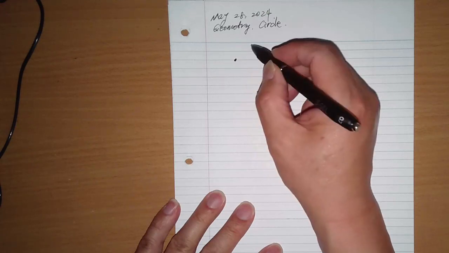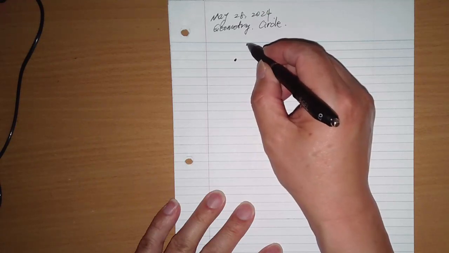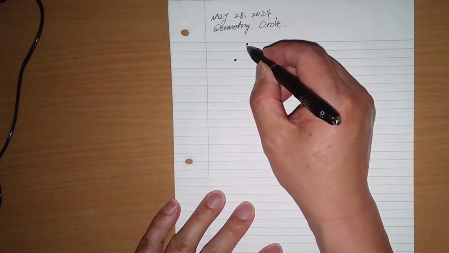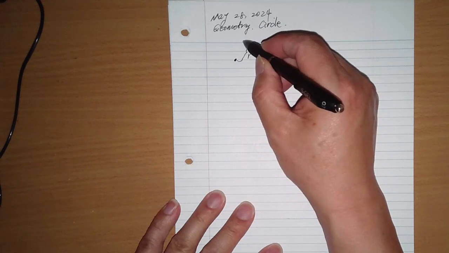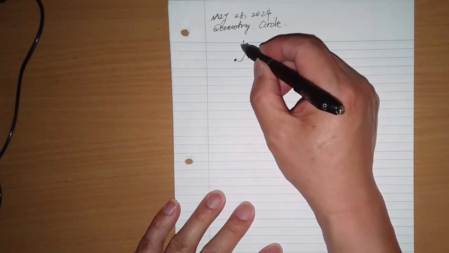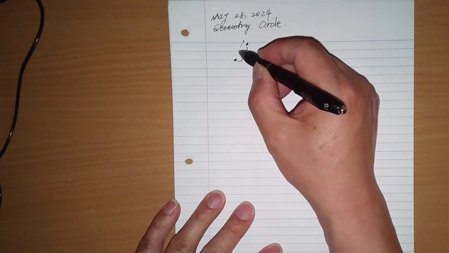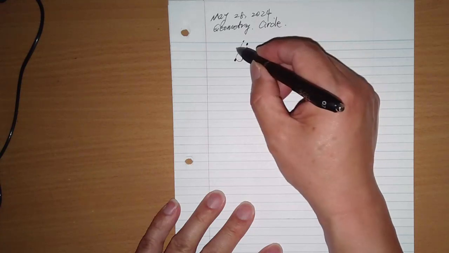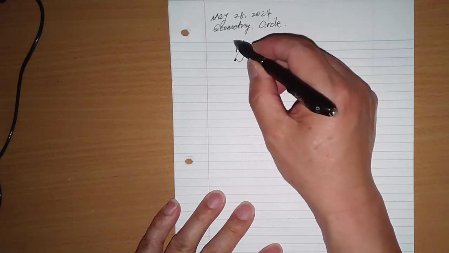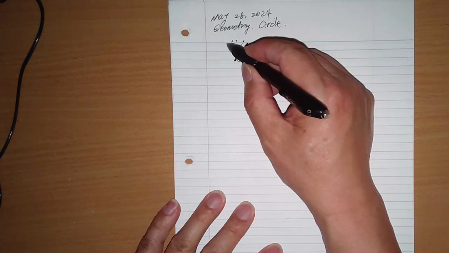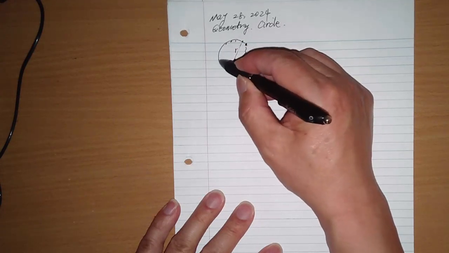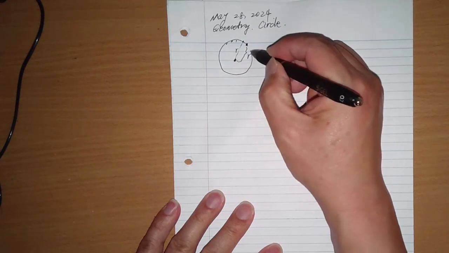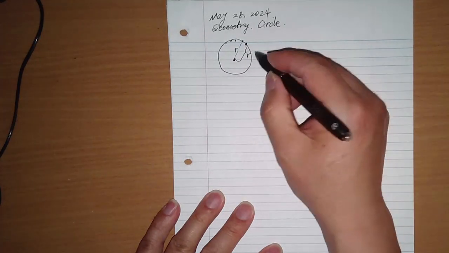If this is the center, and there's a point right here, and their distance is r, and there's another point right here, the distance from that point to the center is also equal to r, and there are indeed infinitely many of those. If we connect all those points, then we are going to have a circle.